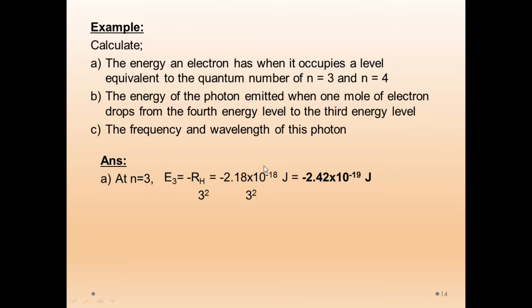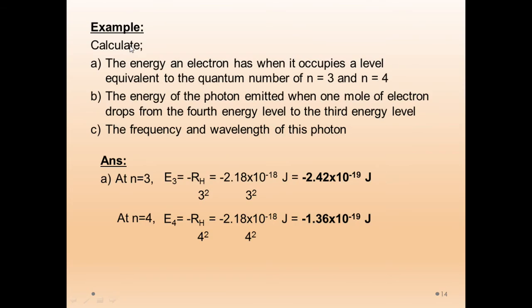This is your third, and this is your fourth. They ask for energy, so we subtract. We calculate the third and the fourth, then substitute and subtract. This is the amount of energy between the third and the fourth orbital. Then we go to the next one.